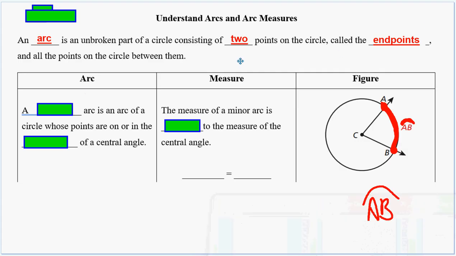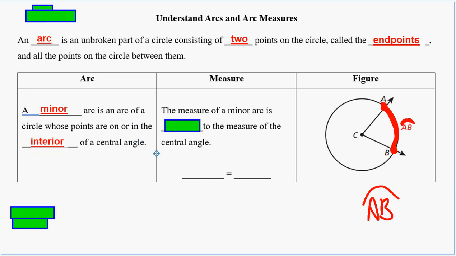And let's go fill in some more blanks here. A minor arc is an arc of a circle whose points are on or in the interior of a central angle. And how do we measure it? The measure of a minor arc is exactly the same as the measure of its central angle. So the arc and the central angle have the same measure. We could write this.